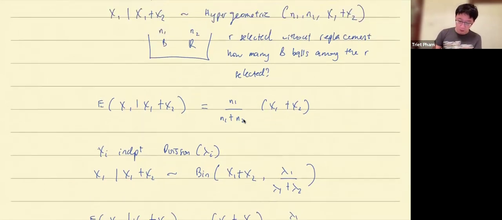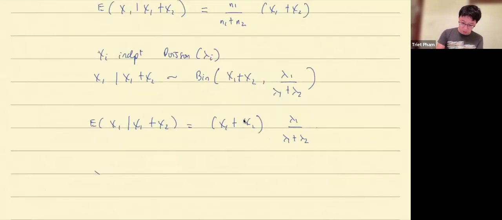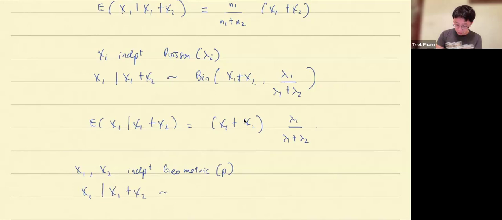One more, right? If x1 and x2 are independent geometric, p, then x1 conditioned on x1 plus x2 will be discrete uniform on 1 to x1 plus x2 minus 1. Okay?